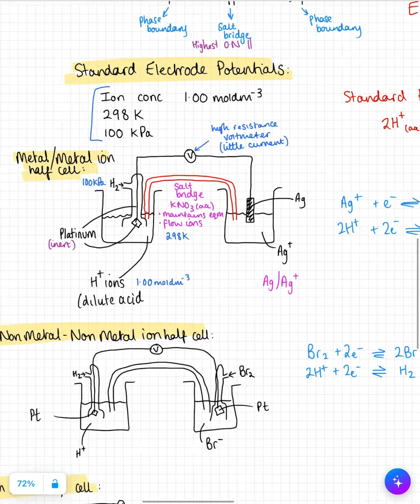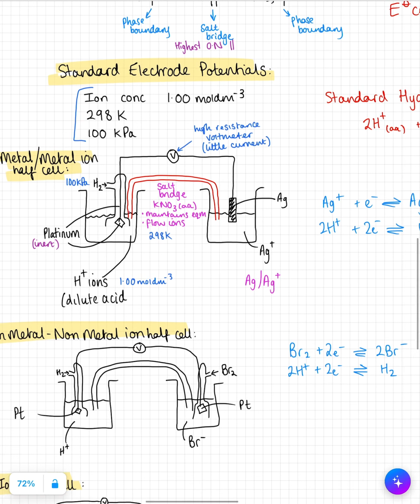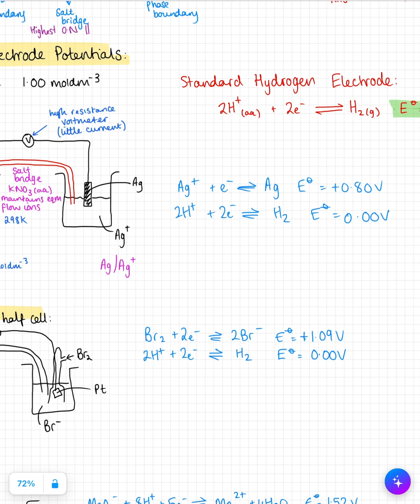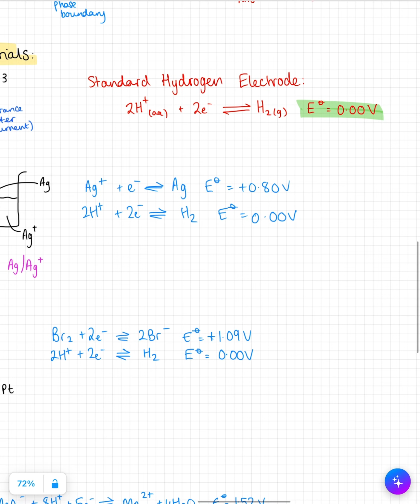Now what's going to happen? Let's take a look at the half equations. The half equation for our silver ions, so all of these are the reduction reactions, and then the E cell for the reduction process. What we can see is that we have a more positive silver ion E cell value.